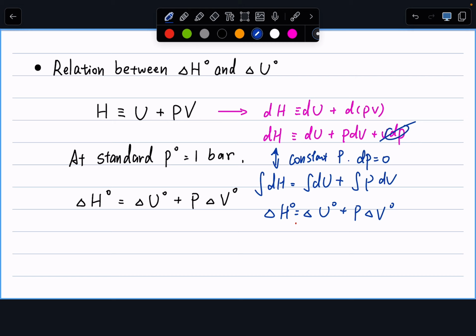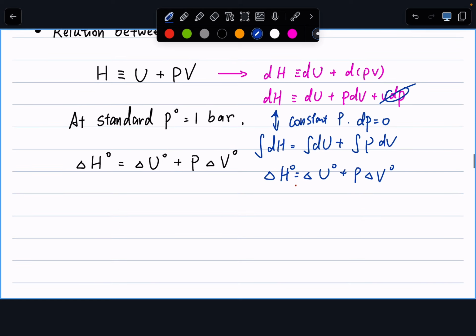All right. So how do we apply that to translating delta U and delta H in our condition? The only difference between delta H and delta U is this term, the P delta V naught. This delta V naught is the volume change of the substance we care about at standard state. Typically, my delta V naught is negligible for liquid and solid.